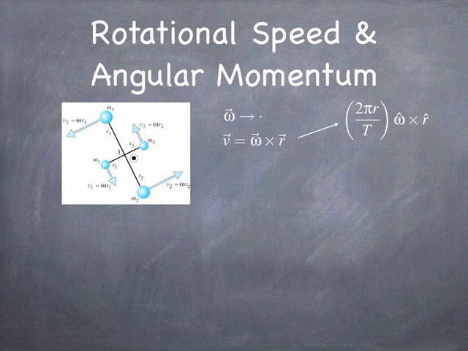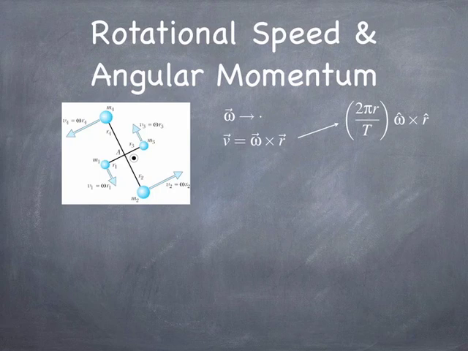The r vector for a particular piece goes from the center of mass to the piece, and so omega cross r has the right direction, because if you point your fingers out of the page and wrap them into the r vector, you get a vector that points in the direction of motion of the object. So the direction of the velocity is certainly correct for omega cross r.